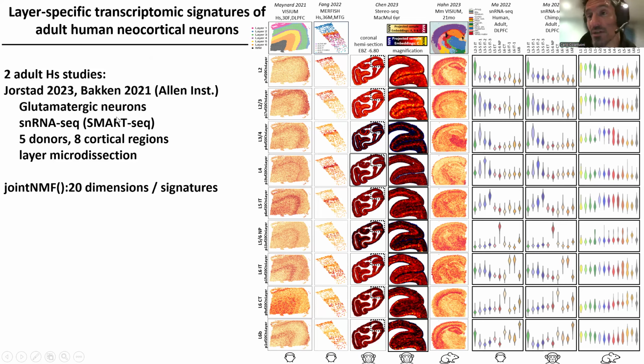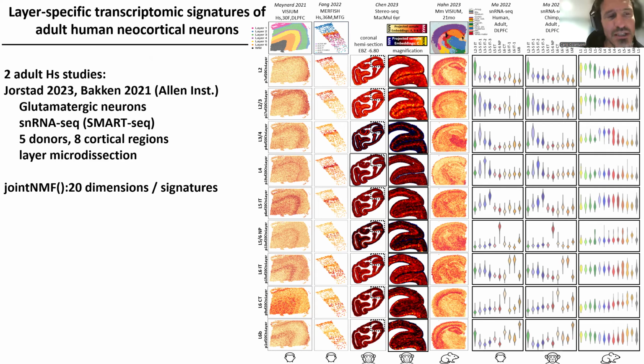We only used the SMART-seq data sets, so that's much deeper sequencing than the more common 10x or droplet-based methods. Costs a lot more, but you get a lot more deep sequencing and actually see what cells are doing rather than only being able to classify what they are. We want to know what they're doing too. Okay, so we only took glutamatergic neurons, the deep sequencing data.